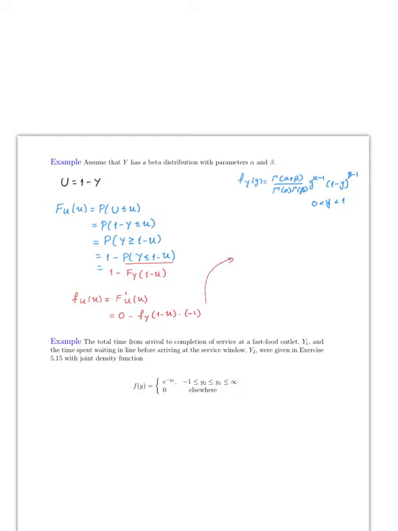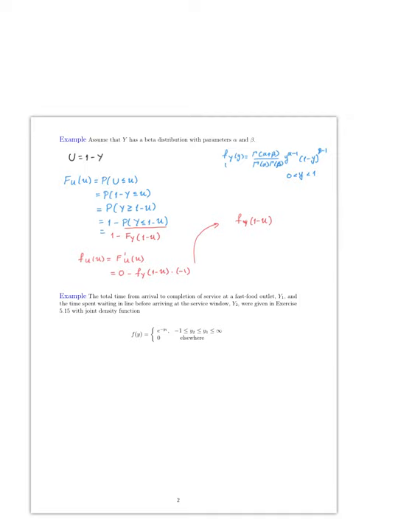So this is just f of y evaluated at 1 minus u. We use this formula and just plug it in. We end up with gamma of alpha plus beta divided by gamma of alpha times gamma of beta, times 1 minus u to the alpha minus 1, times u to the beta minus 1, and this is true for u between 0 and 1.